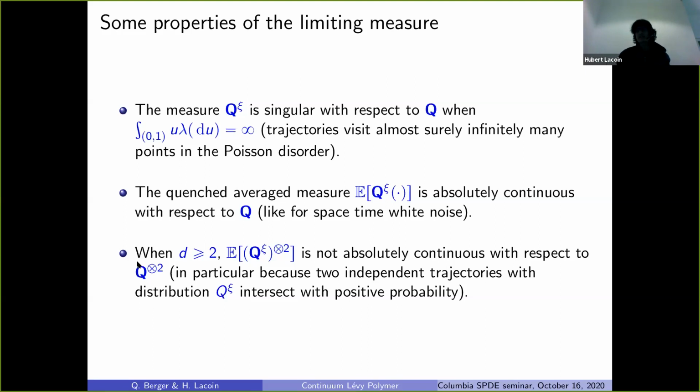The reason for this is that if you take 2 independent realizations of trajectories with this measure, with positive probability they will intersect. And this does not happen for two independent Brownian motions.